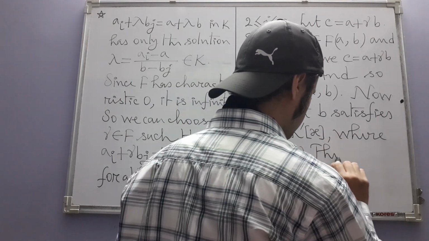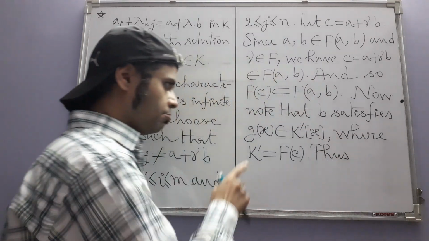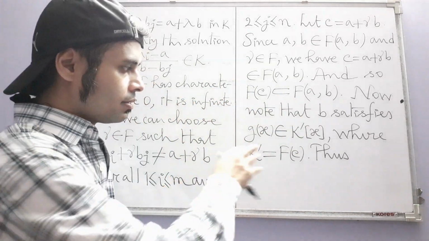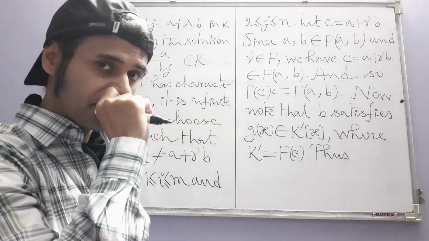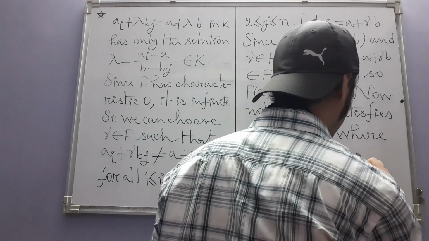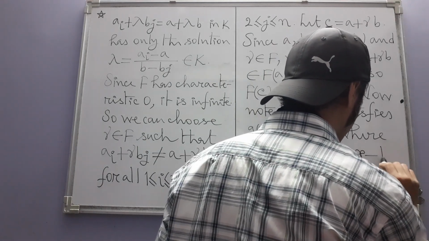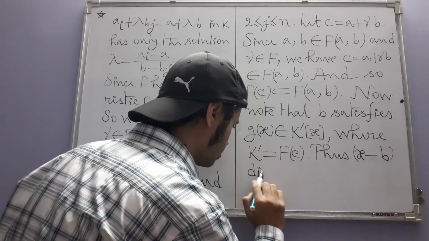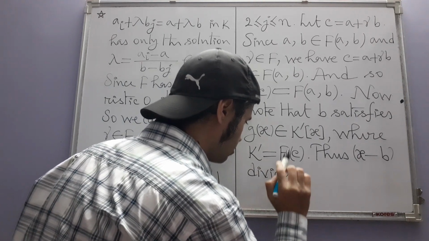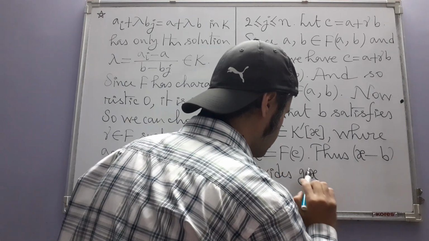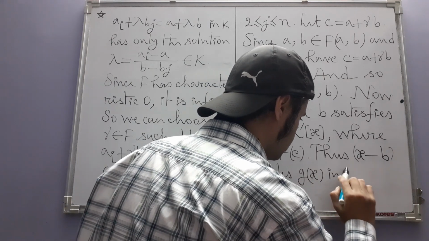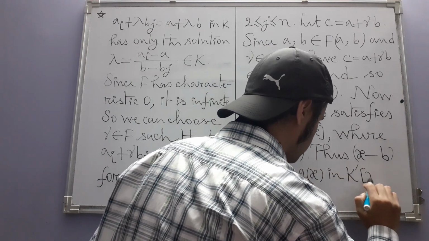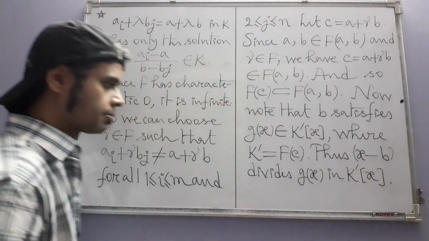Thus, B satisfying Gx over this field means what? It means that x minus B divides Gx in this ring.